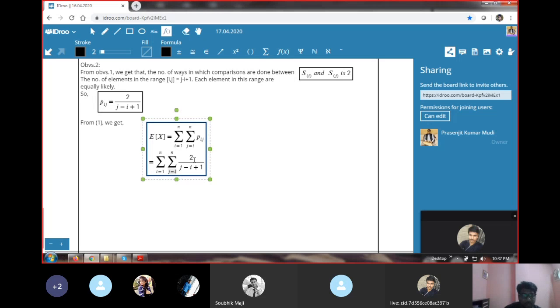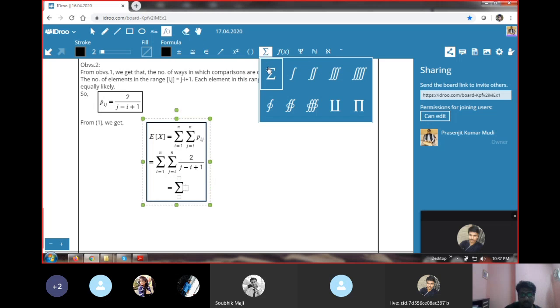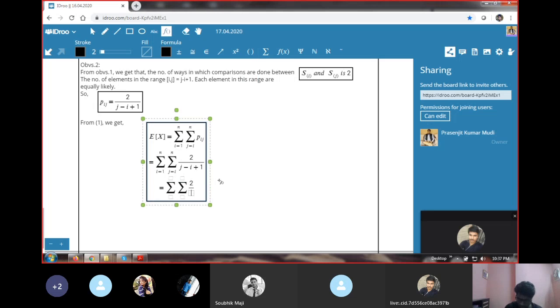Let's say k equals j minus i plus 1. When j equals i plus 1, k is 2, and so on up to n minus i plus 1. The 2 comes out of the summation.